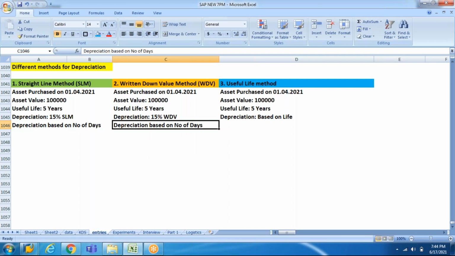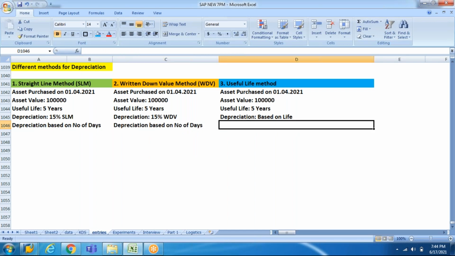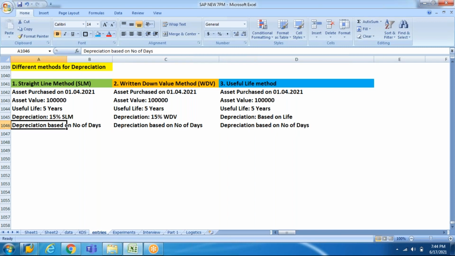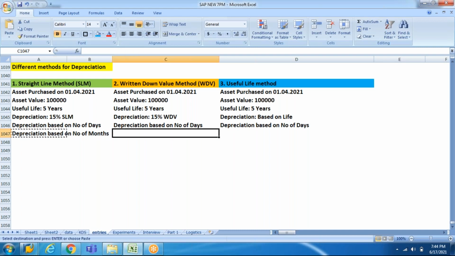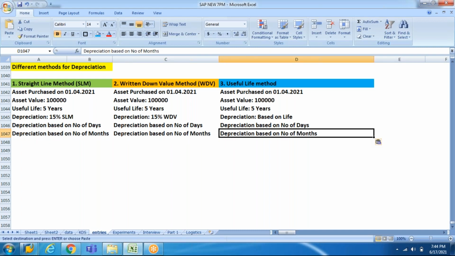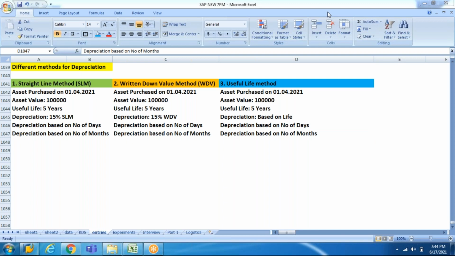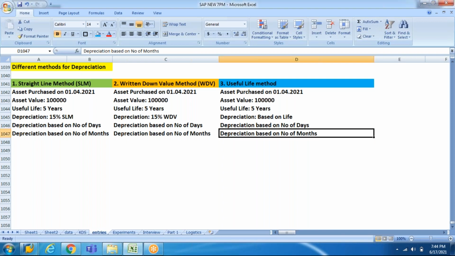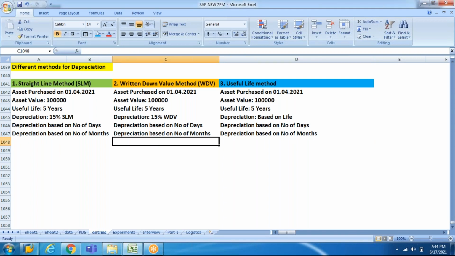Here also and here also. What is this depreciation based on number of days and depreciation based on number of months? These two things you'll have to understand. Okay. So before we start the calculation, you need to understand the two things.